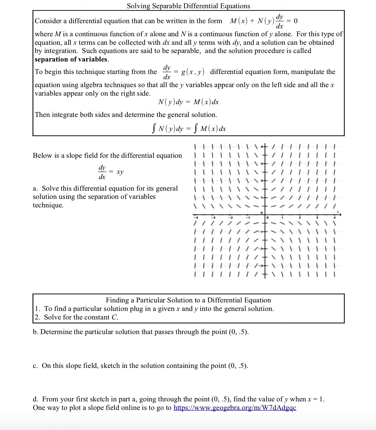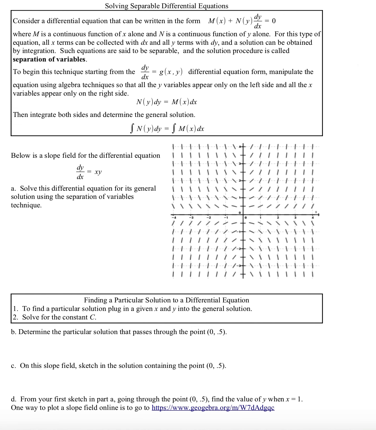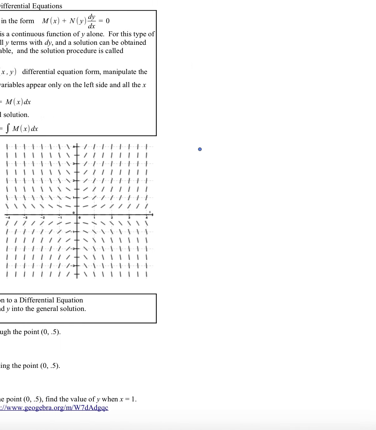Okay, so in order to show the technique, I'll do it on the side here. We want to start with the original equation, dy over dx equals x times y. And we're going to want to get x's on one side and y's on the other through algebra. So the first thing I'll do is multiply that dx to the other side.